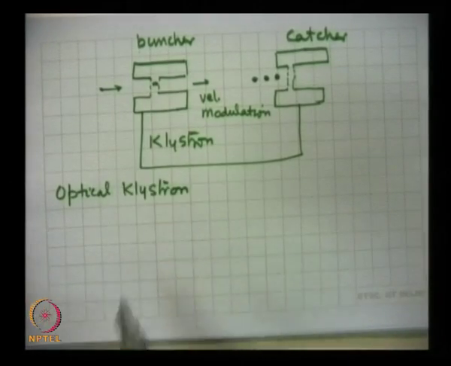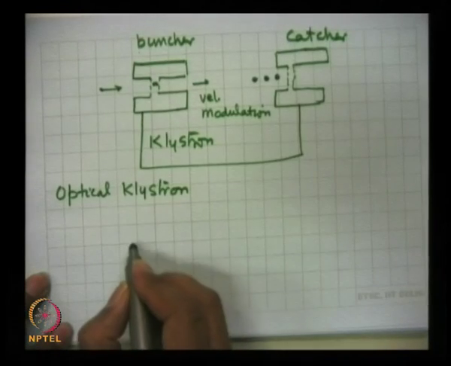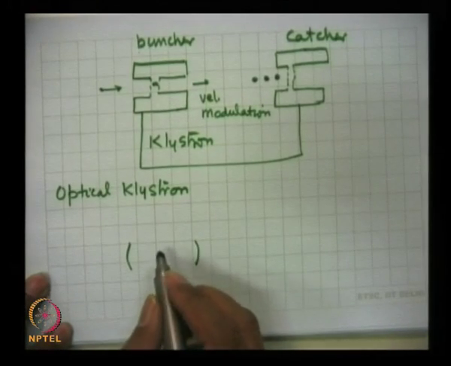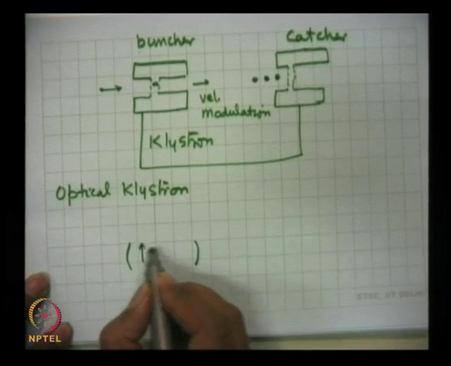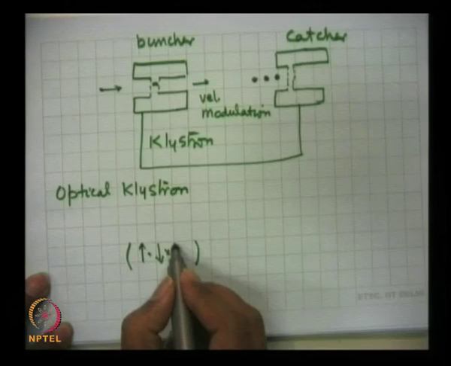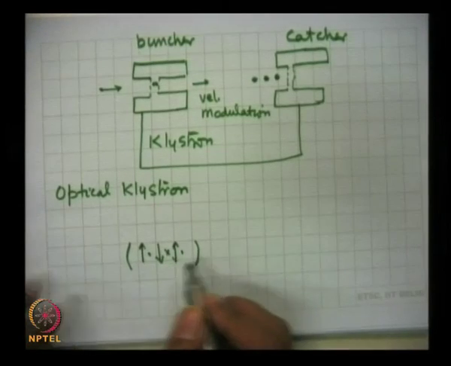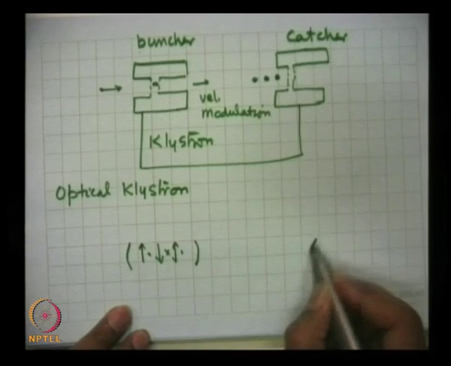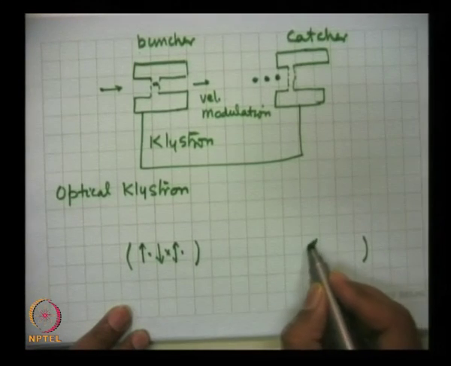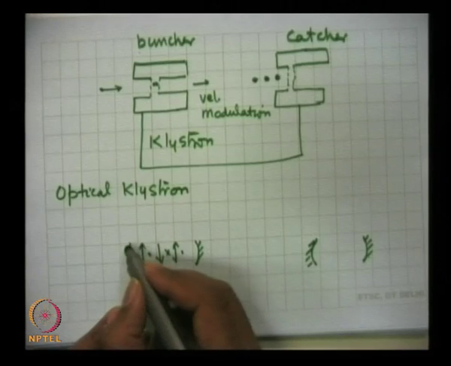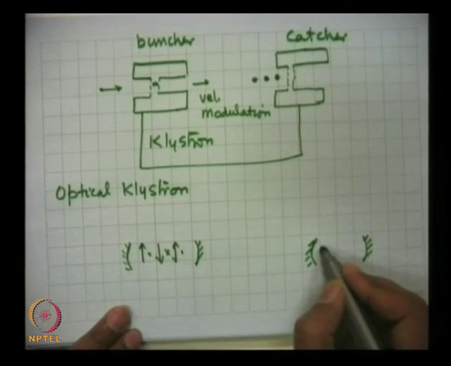So, what people found is to replace this entire thing by some sort of an open resonator and bring a wiggler here. So, if I have a wiggler here, and the catcher is replaced by another wiggler, these are the mirrors for the open resonator, and this is a wiggler here.